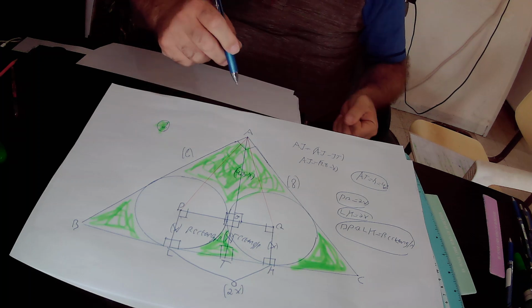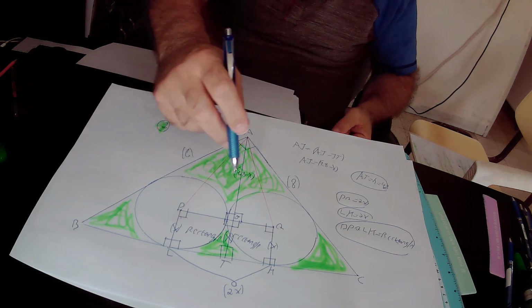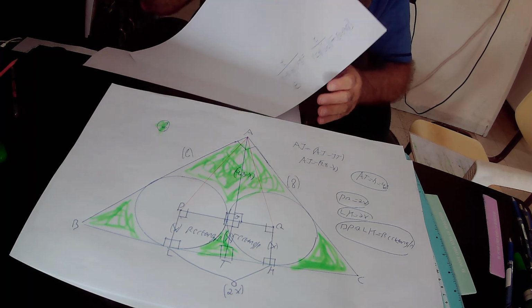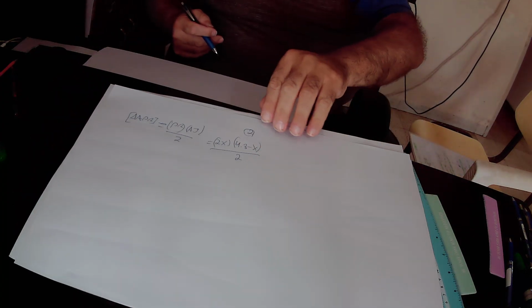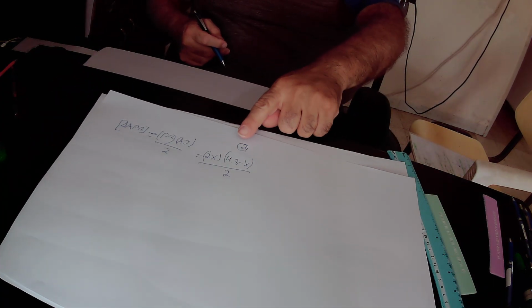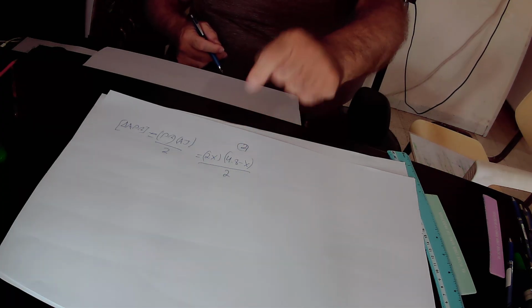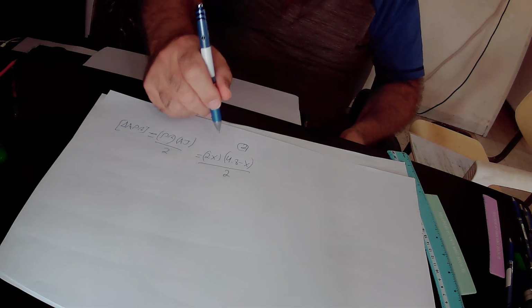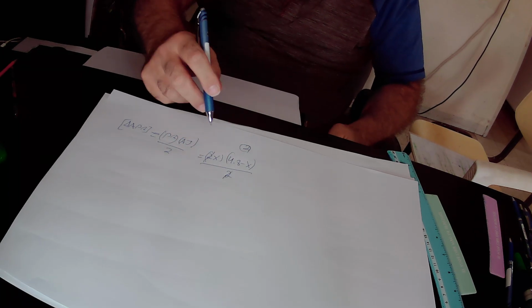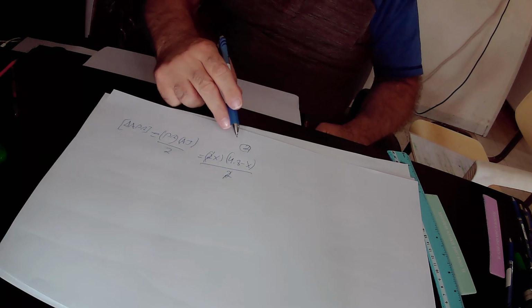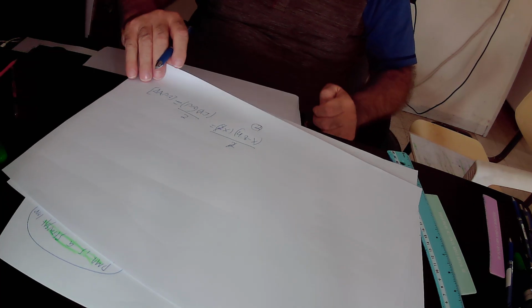So the area of triangle APQ is equal to 2x times (4.8 minus x) over 2. We have 2 in the numerator and 2 in the denominator, so the 2s get cancelled, and we are left with x times (4.8 minus x).